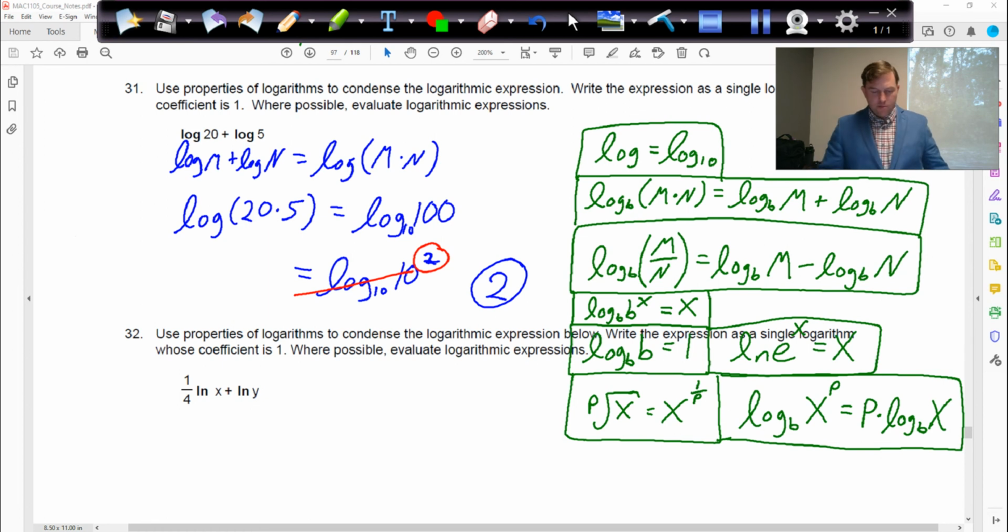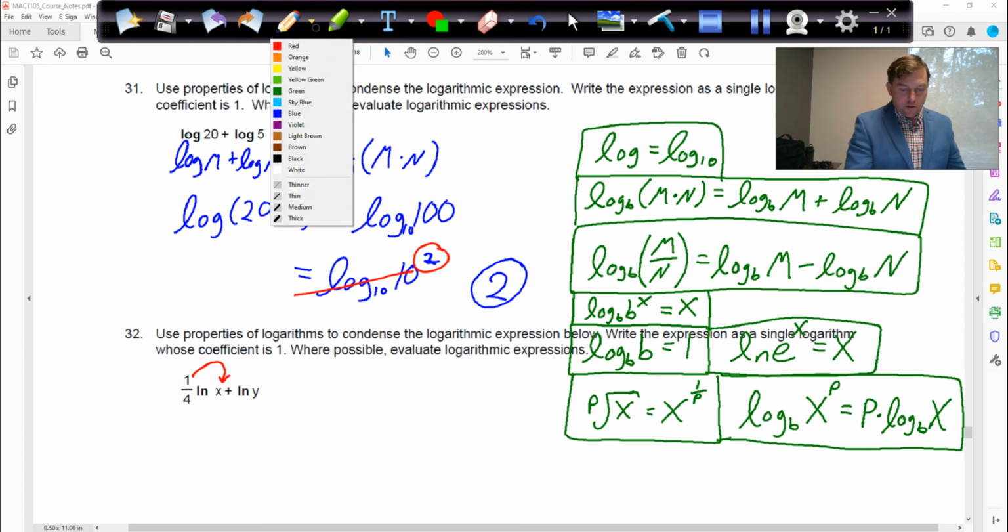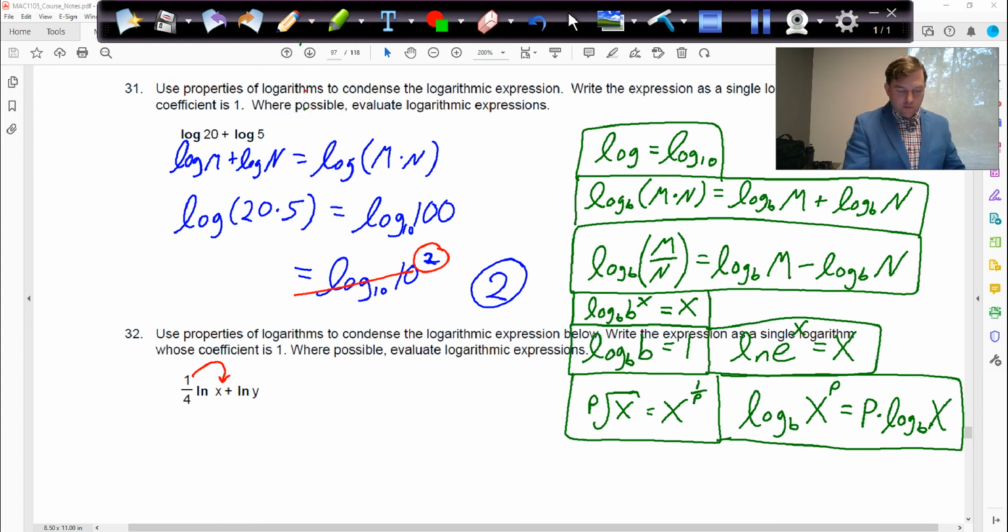Okay, in problem 32, it's pretty similar, 2 logs being added, but we have to reverse this power rule. So the power rule said I can bring powers out front. To reverse it, we're going to take numbers out front and make them powers. So this will become the natural log of x to the 1/4 power plus the natural log of y.